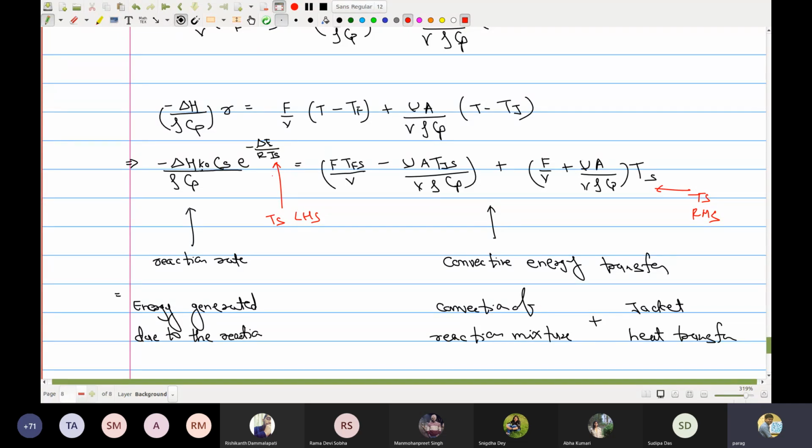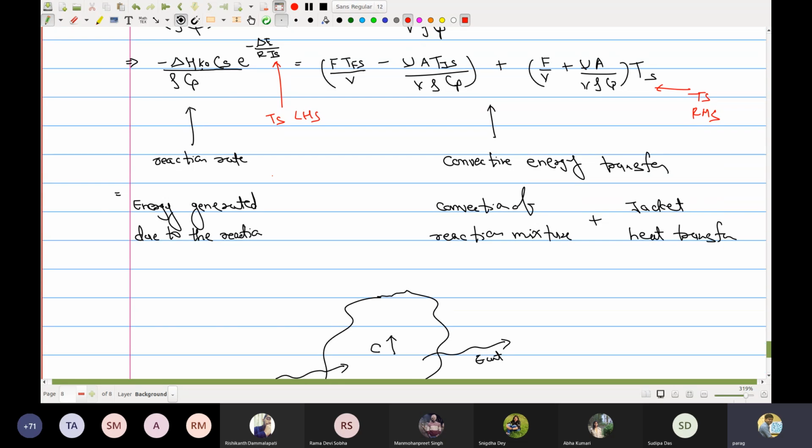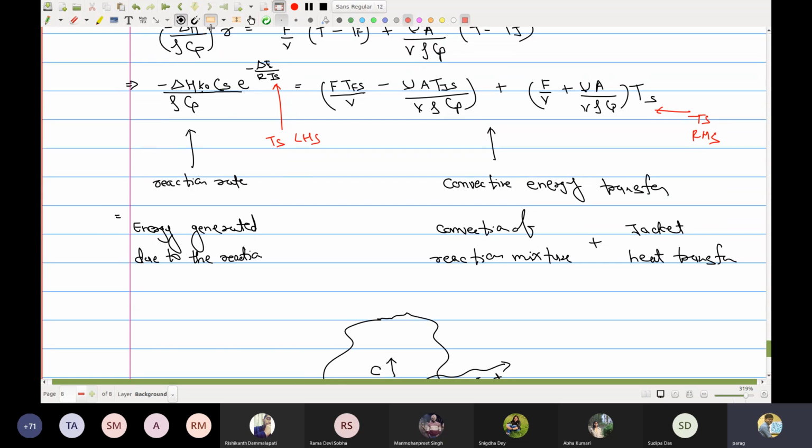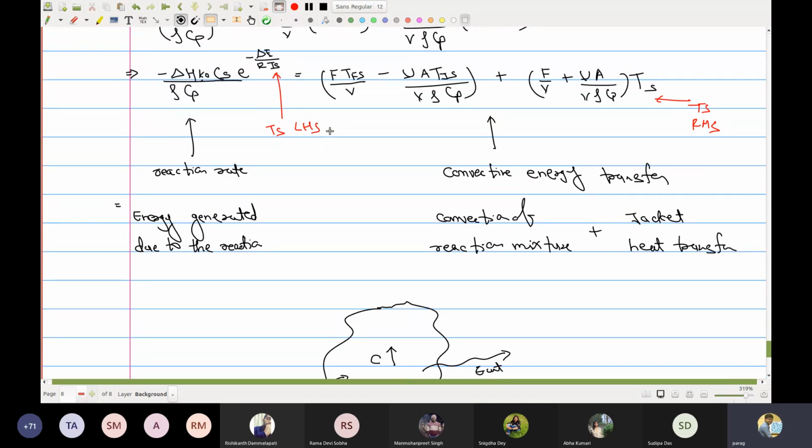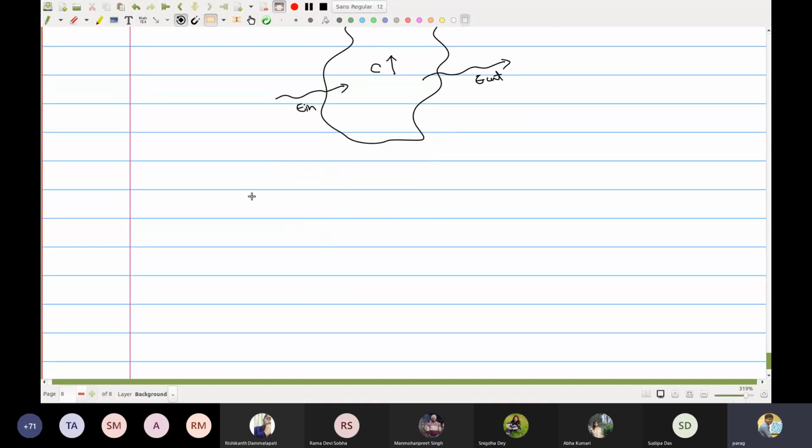How does my left hand side look? Let me copy paste this. Control V. So this is my left hand side, and this is nothing but some constant.